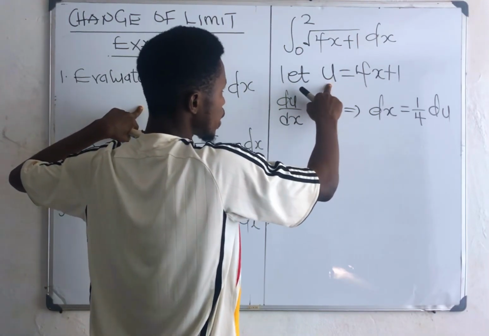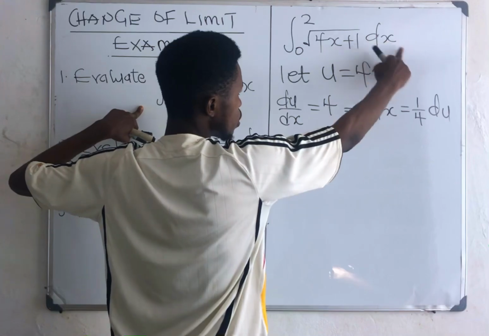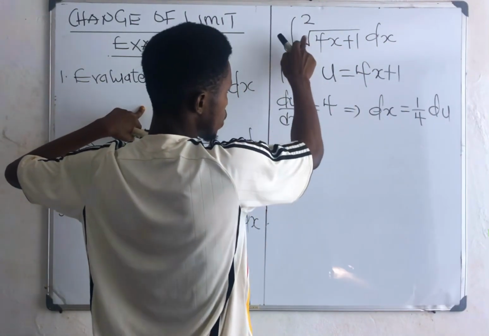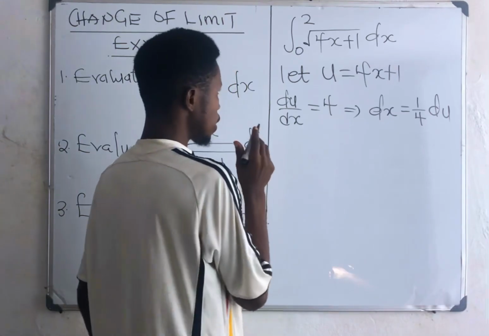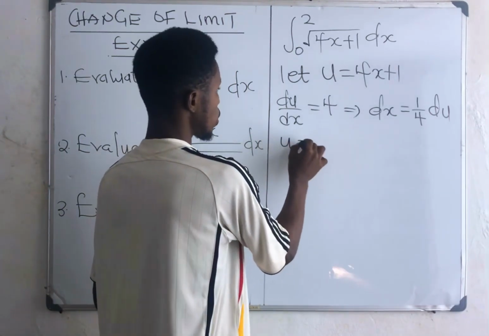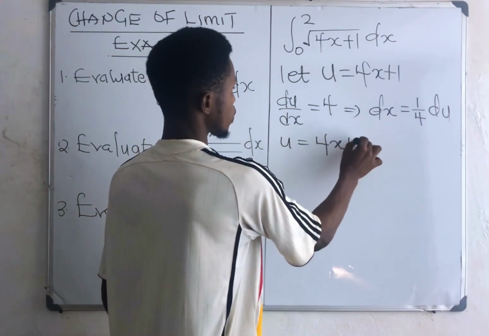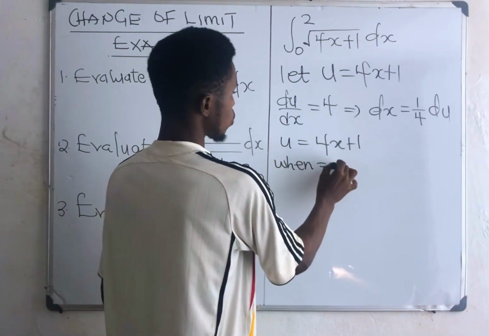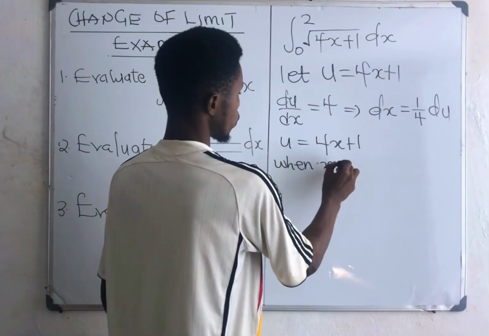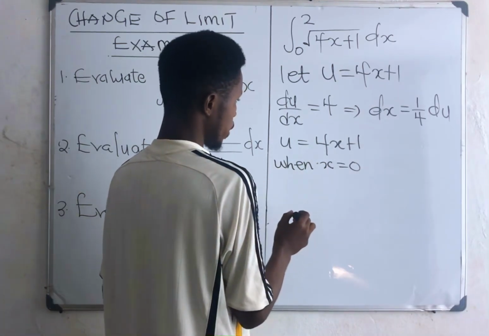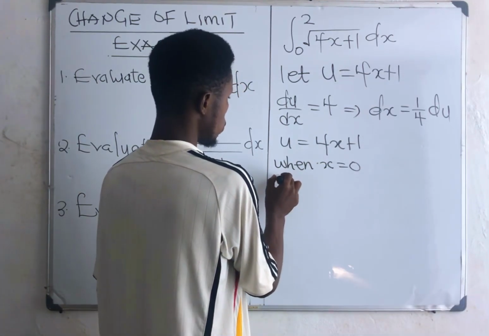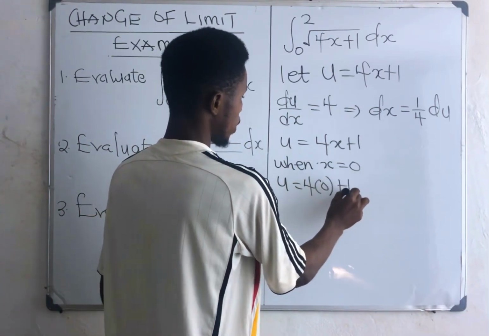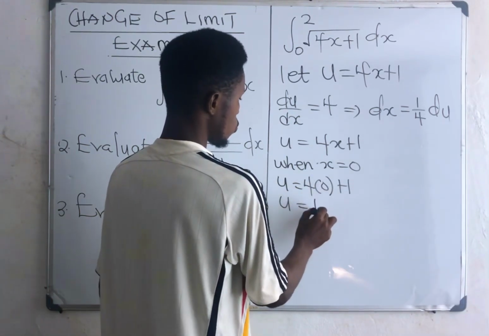Once I put u there, these limits also have to change. So you change them by using the equation that you just formed, u equals 4x plus 1. When x equals 0, you have u equal to 4 multiplied by 0 plus 1, so u equals 1.